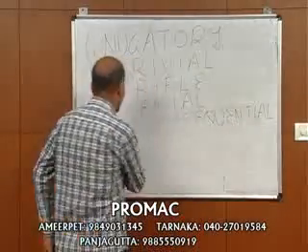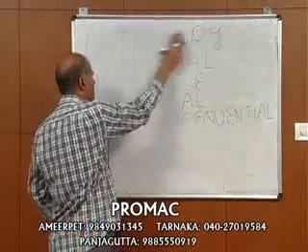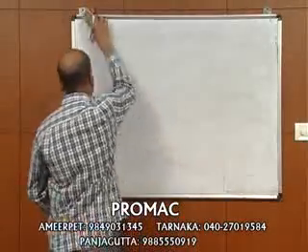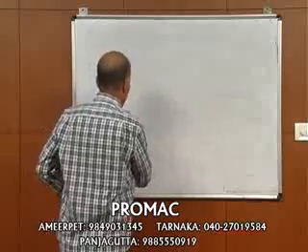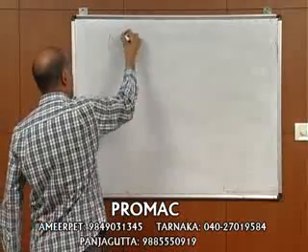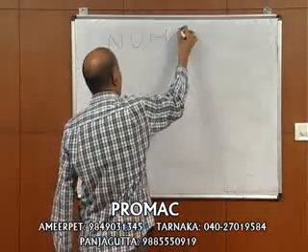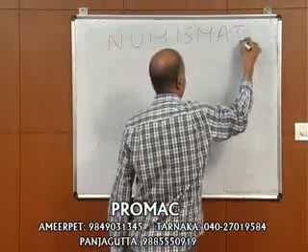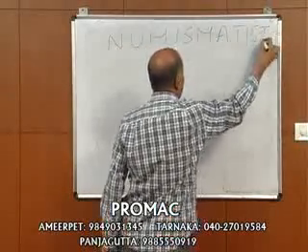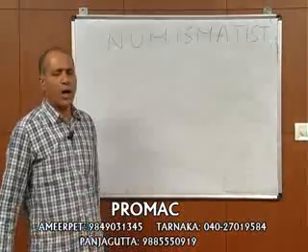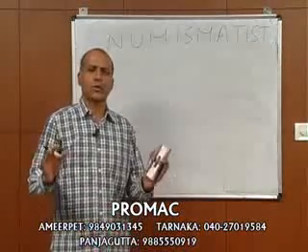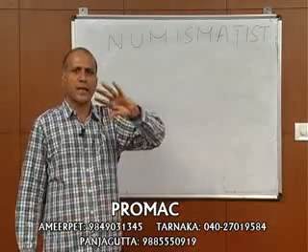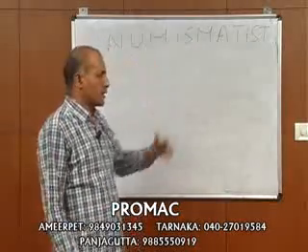Let's go to one more word. The next word we will take up is a word called numismatics. What is a numismatist? See, different people have different hobbies. There are some people who have the hobby of collecting postal stamps. There are some people who have the hobby of collecting coins.